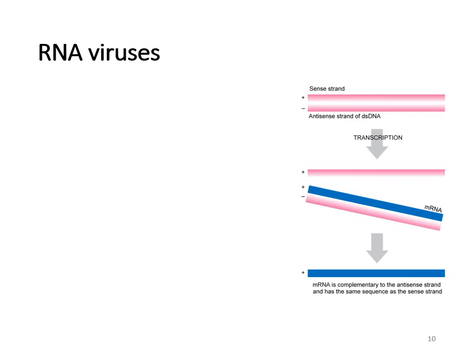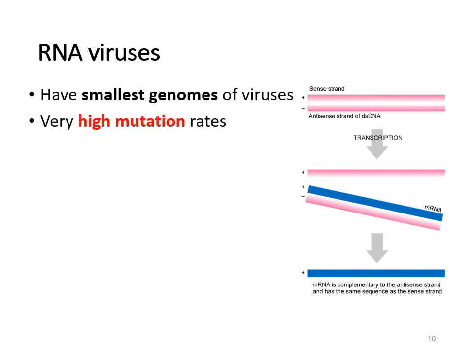Now, in addition to there being DNA viruses, there are also RNA viruses. When we talk about the RNA viruses, there are a few different types. First off, I want to note that the RNA viruses have the smallest genomes. They have very high mutation rates. So even though they're small genomes, they have very high mutation rates, and that means that they're great at evading the host.